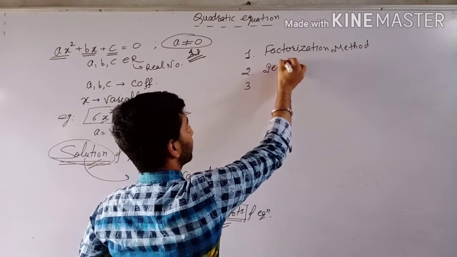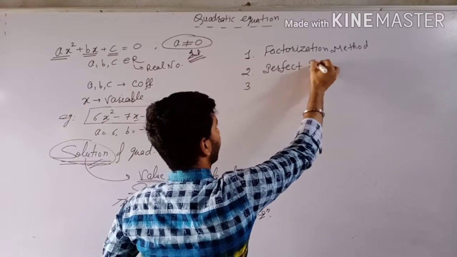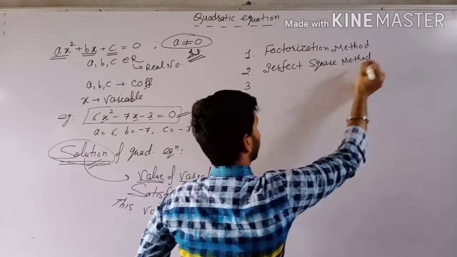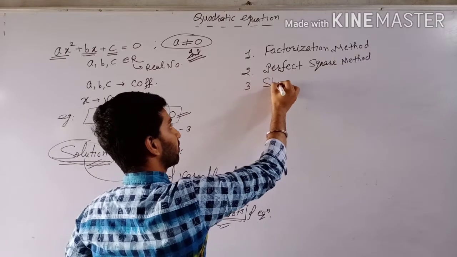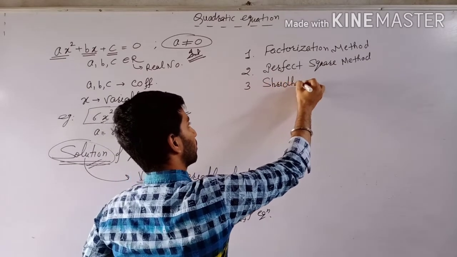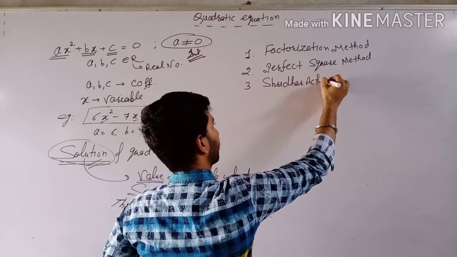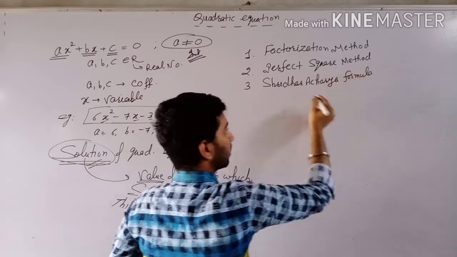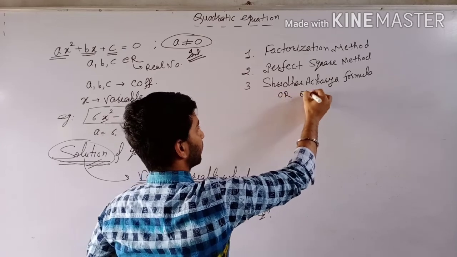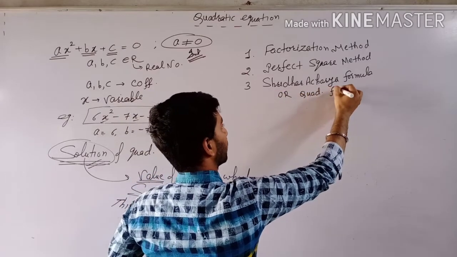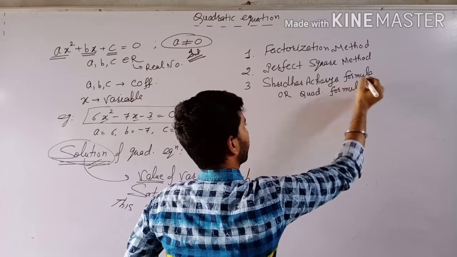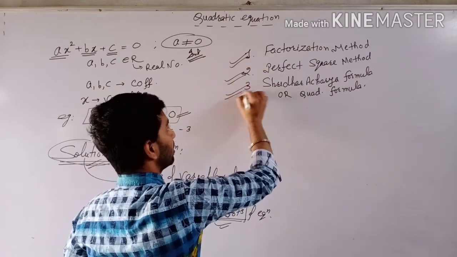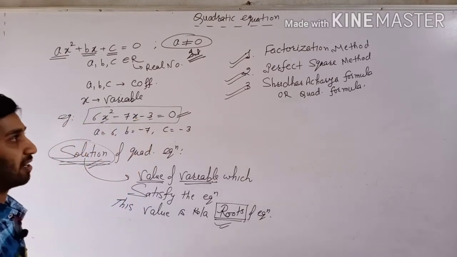Second is known as perfect square method, and third is known as the Acharya formula. It is also known as quadratic formula. First is factorization method, second perfect square method, and third Acharya formula or quadratic formula.